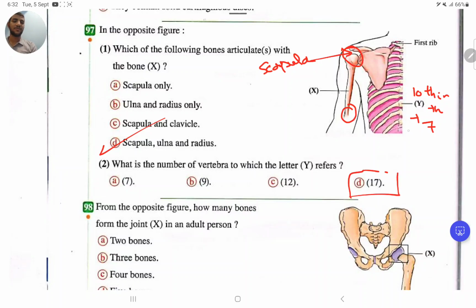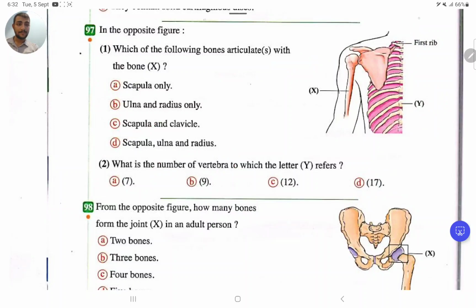The rule we mentioned before: 1, 2, 3, 4, 5, 6, 7, 8, 9, 10, 11 and 12 is the thoracic region, and above that there are 7 cervical vertebrae. It's very important to mention the cervical vertebrae before counting, because I need the number in the whole vertebral column, not only in the thoracic region. So let's move.